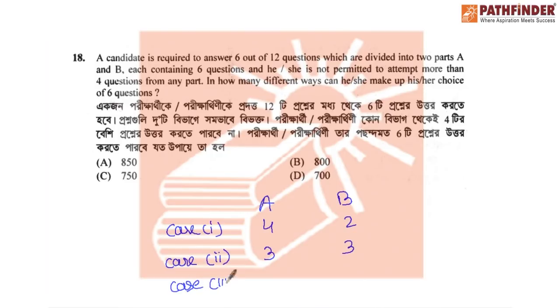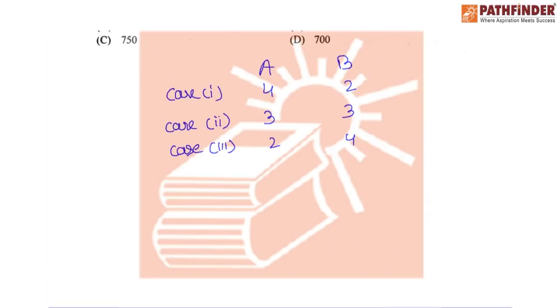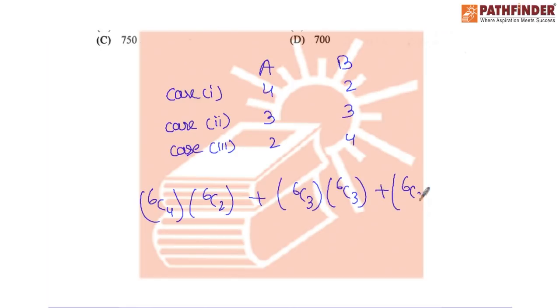And case 3, 2 questions from here, 4 questions from here. So the total number of ways is, for the first case, 6C4 into 6C2 plus 6C3 into 6C3 plus 6C2 into 6C4, which is 850, option A.